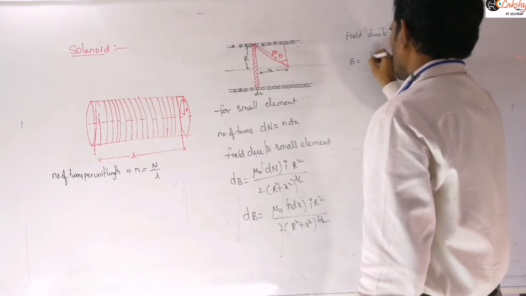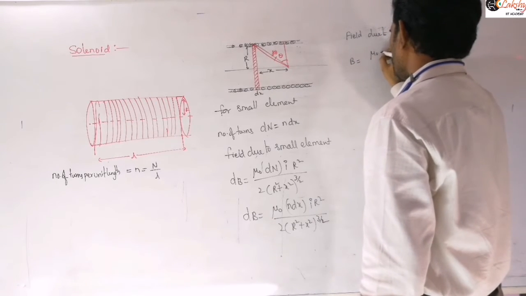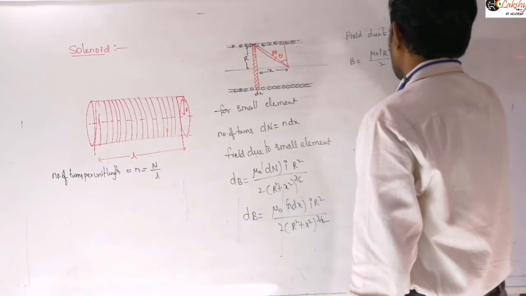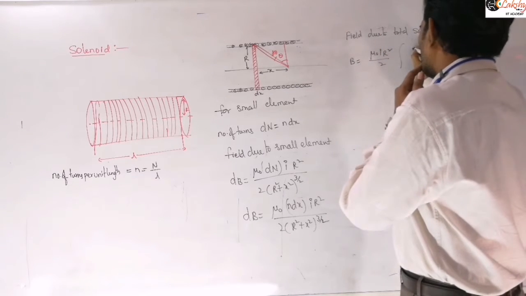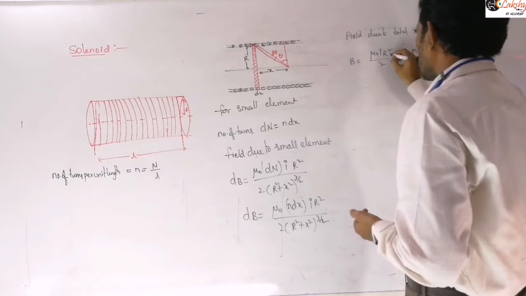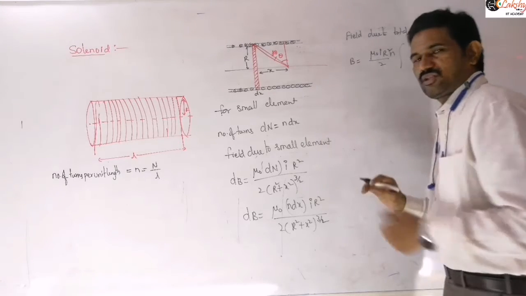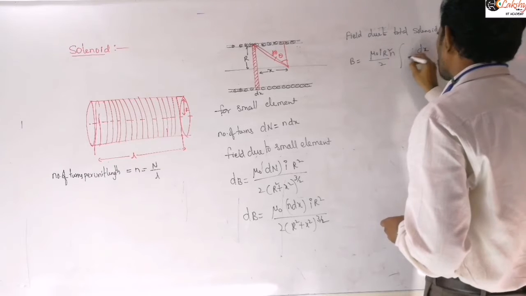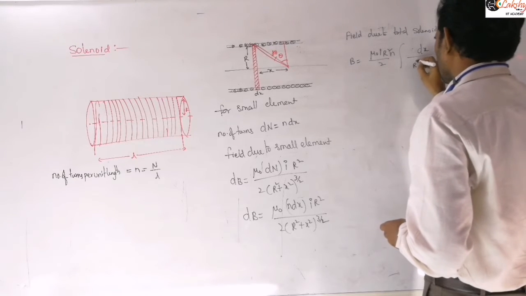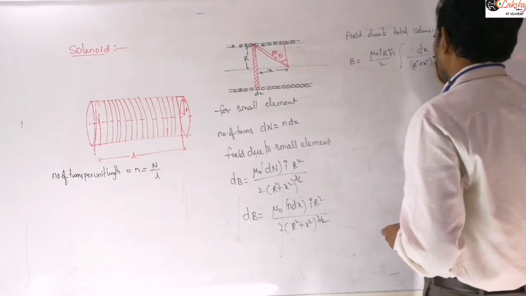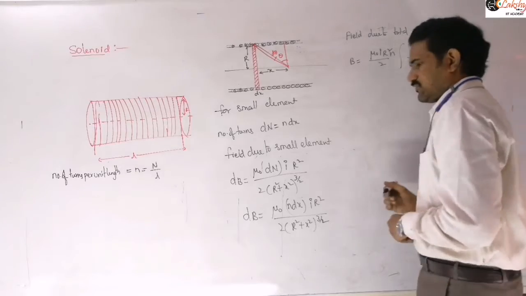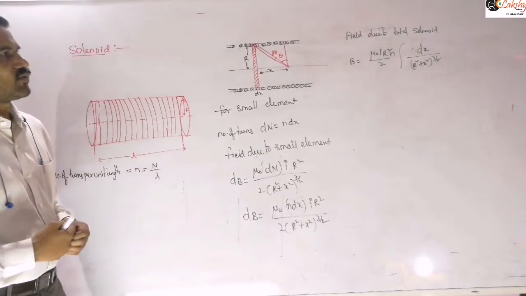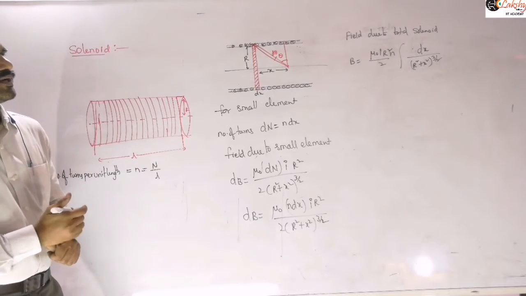The constant terms I can write as mu naught i into r square by 2. Here n is also constant, the number of turns per unit length, which is a constant value for the given solenoid. So dx by r square plus x square whole power 3 by 2. Now you need to simplify this. You can use our substitutions there and convert this into tan theta.